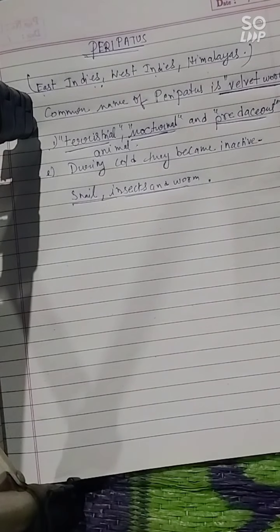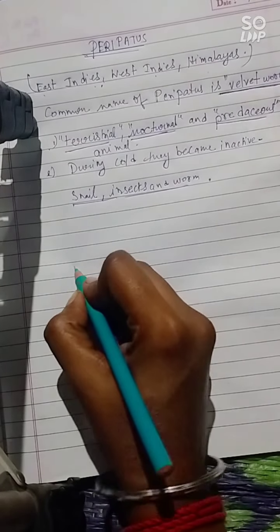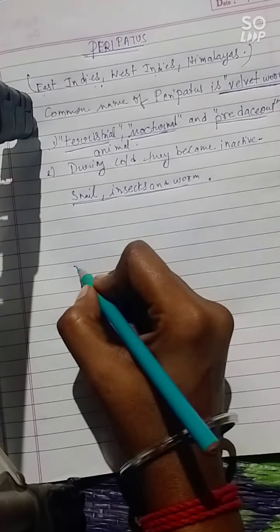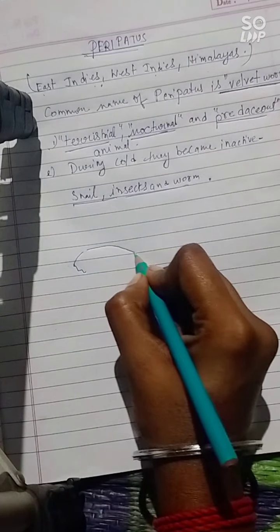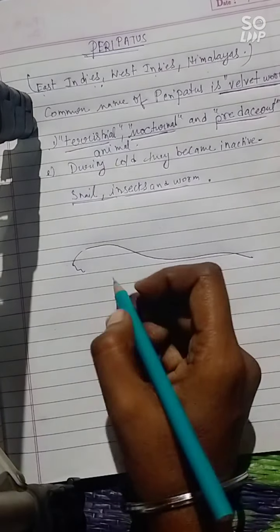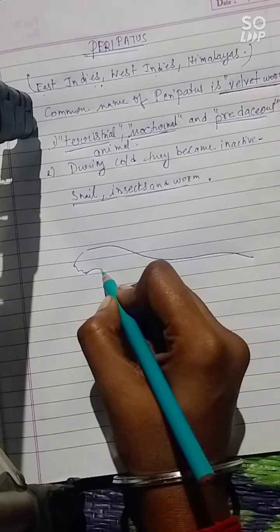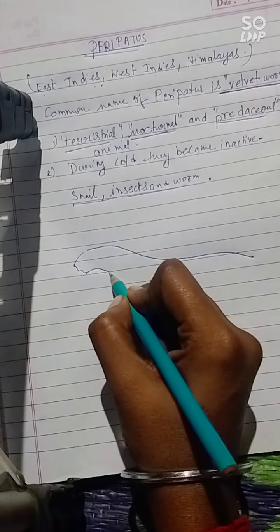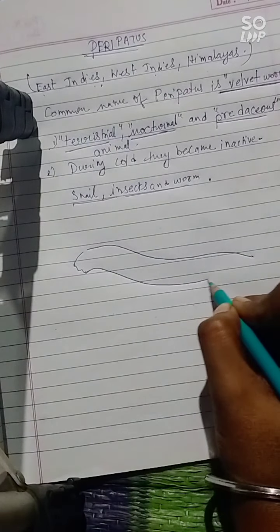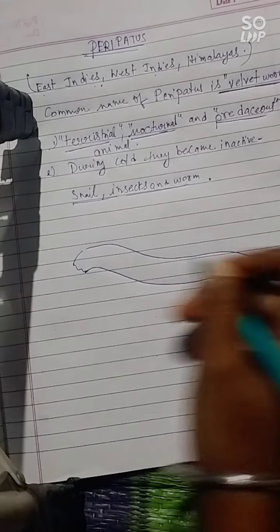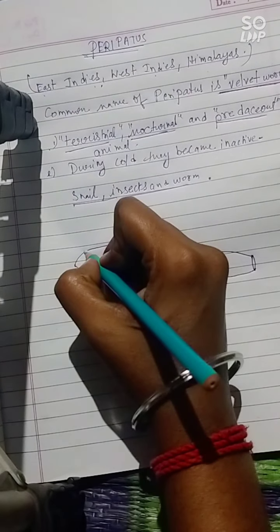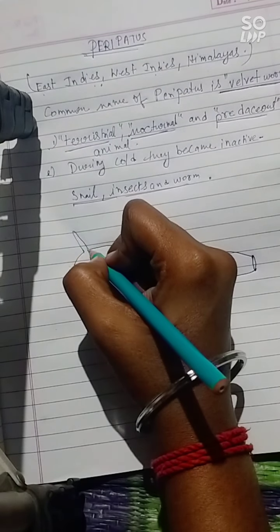Now I want to draw a diagram of the external features of Peripatus so we can be clearer about how it looks. It has a segmented body, eyes, tubercles, claws, and antennae like this.